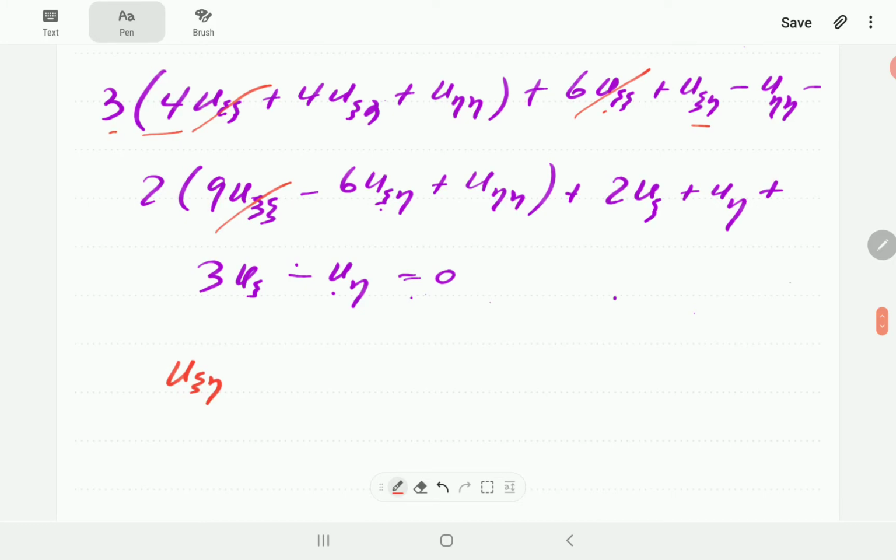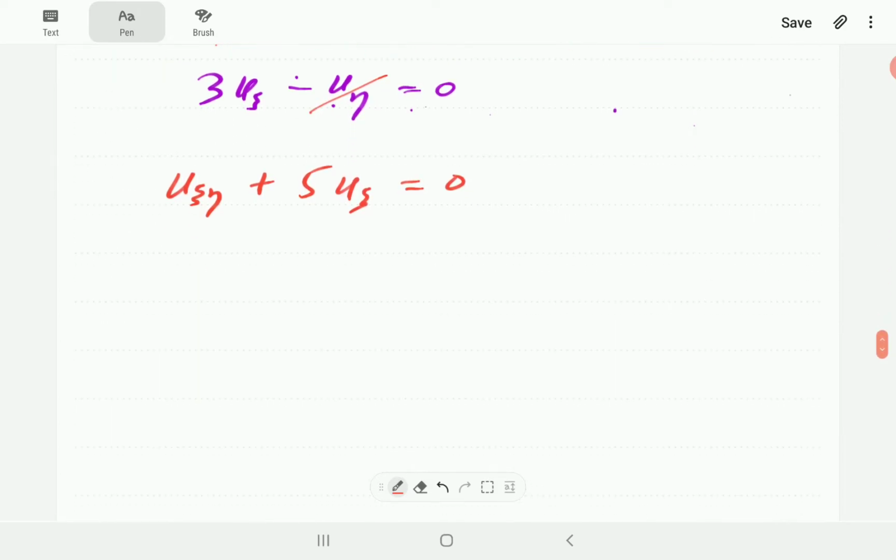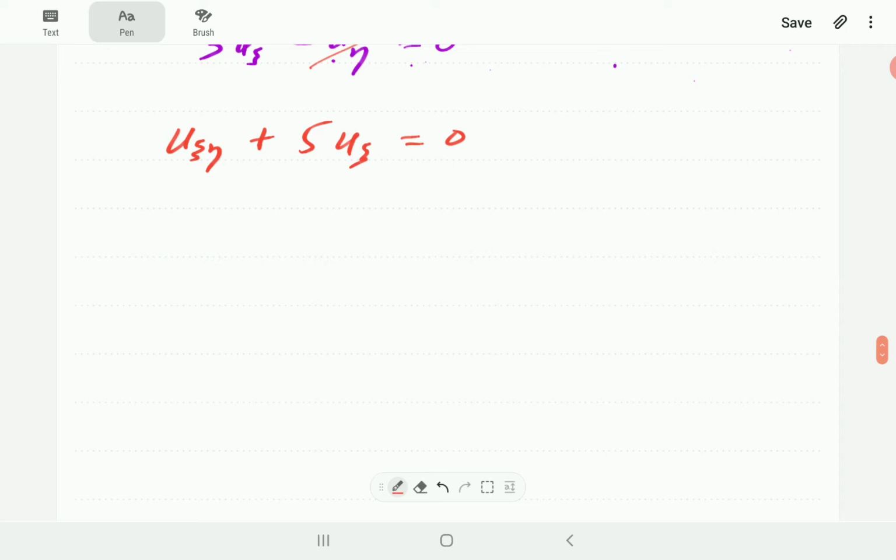And then the u eta eta terms, we've got 3 here, minus 1, so we're down to 2, then minus 2, then we're down to 0. So those cancel out as well. And then the u eta and minus u eta cancels out. So this is going to be plus 5u xi. So that is our canonical form of the PDE.